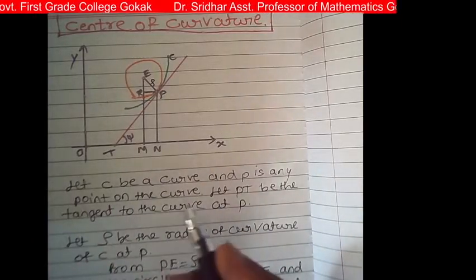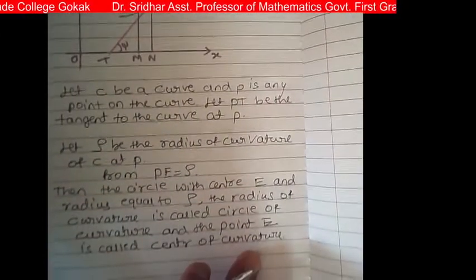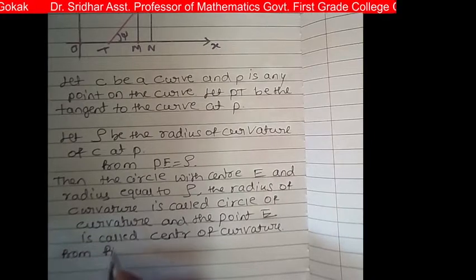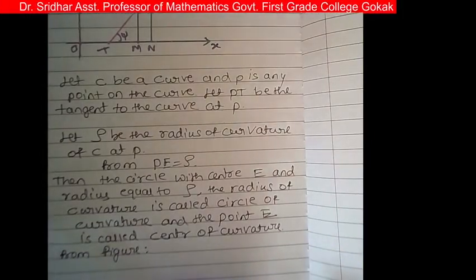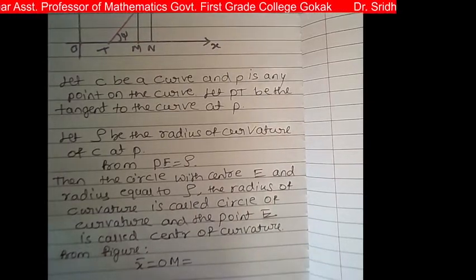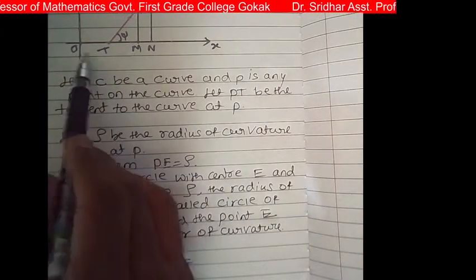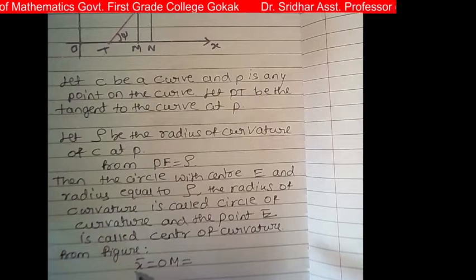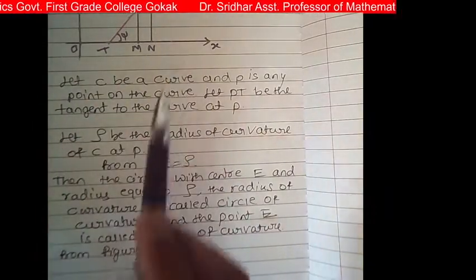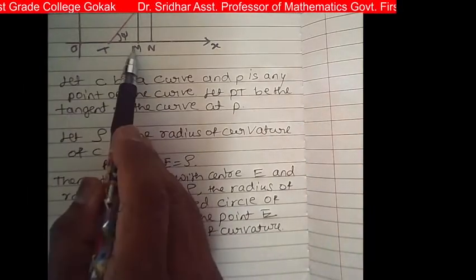Let x bar be a point on the x-axis. Why have we taken x bar? Because x bar represents a point on the x-axis. So from the figure, x bar is nothing but OM.